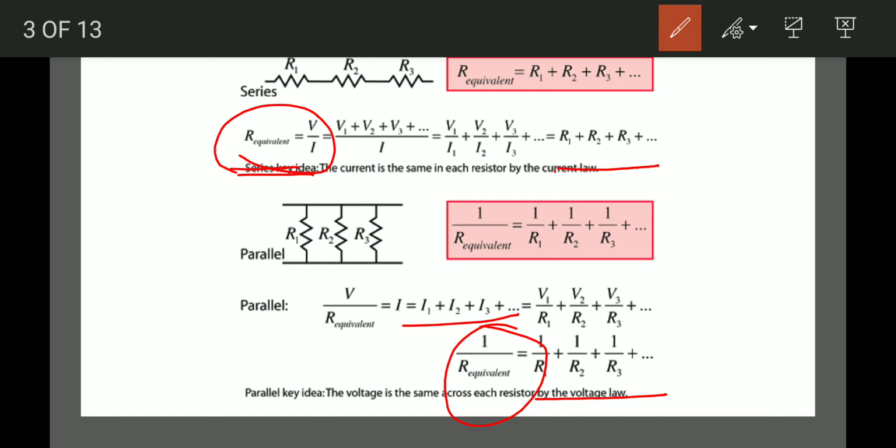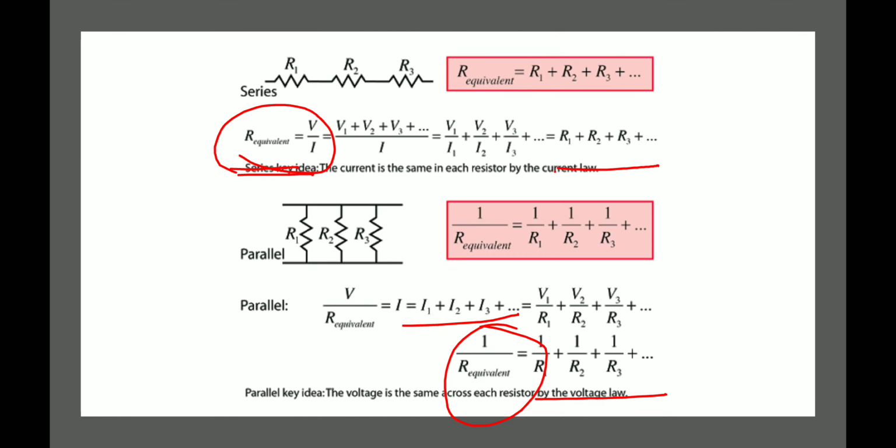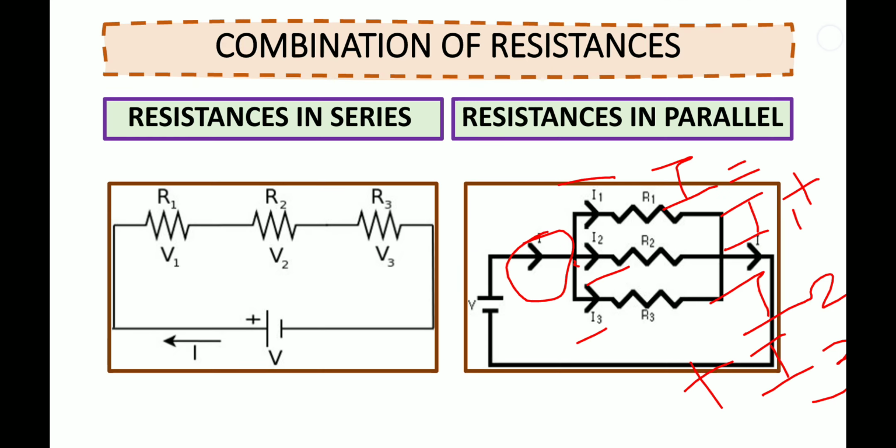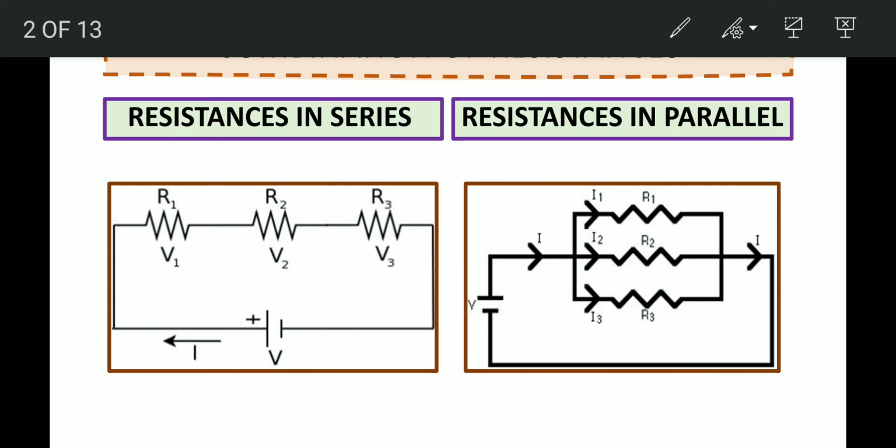One more thing, in a parallel combination, we find that the same voltage is applied across all the three resistances. Unlike in a series combination where voltage distribution takes place, in parallel combination, voltage V is across R1, across R2 as well as across R3.